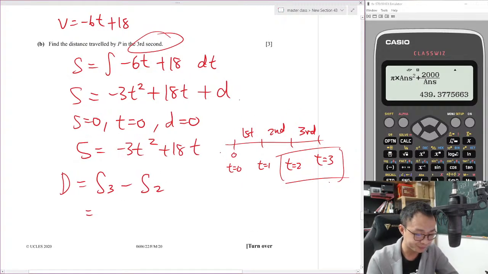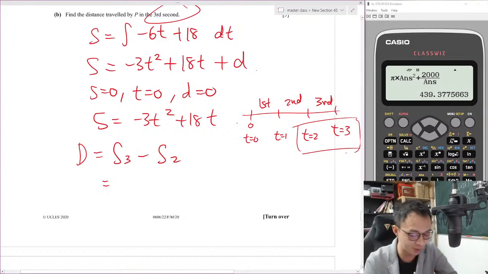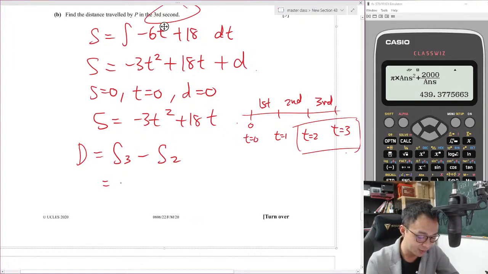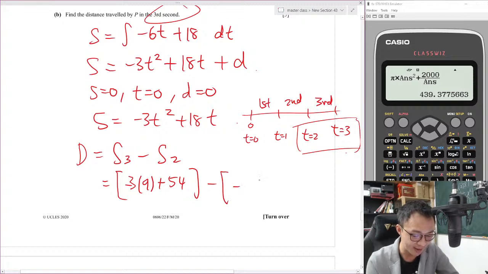Okay, so I will sub into the equation. Negative 3 times 9 plus 54, isn't it? Minus negative 3 times, not 6. What am I doing? It's 2 squared, which is 4, plus 36.